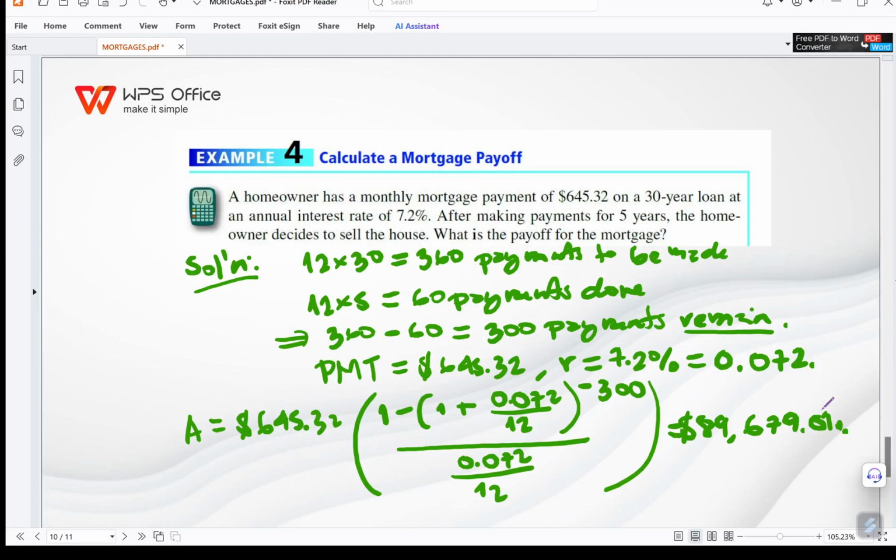Instead, she sold it, and there were 300 payments still remaining. I hope that is clear.